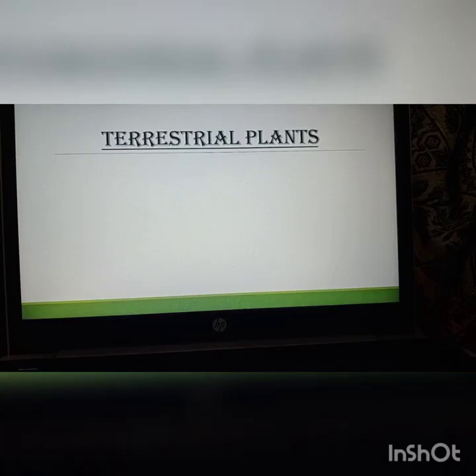Now today we are going to study about different types of terrestrial plants. Terrestrial plants, I already told you about them, are the plants that grow on land.